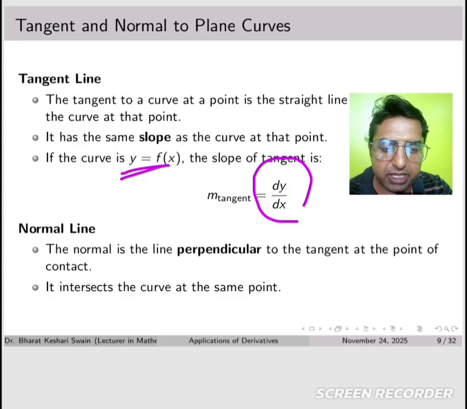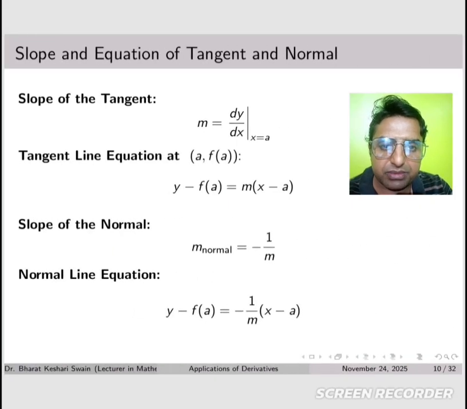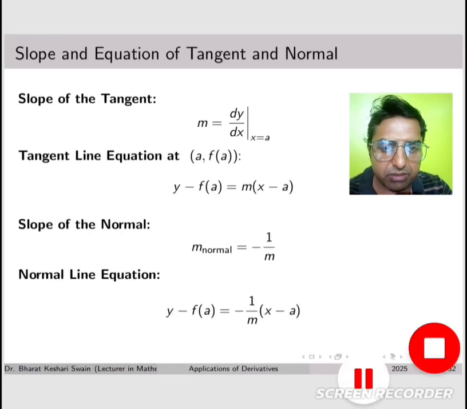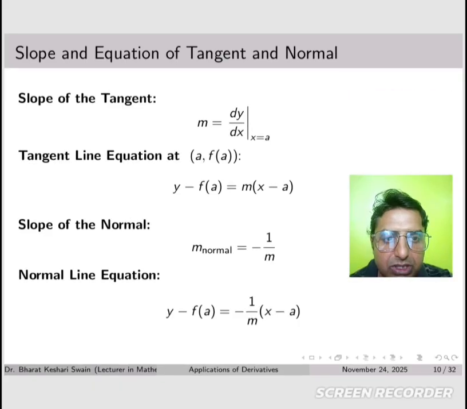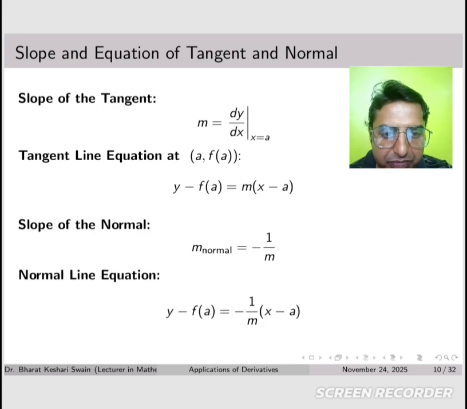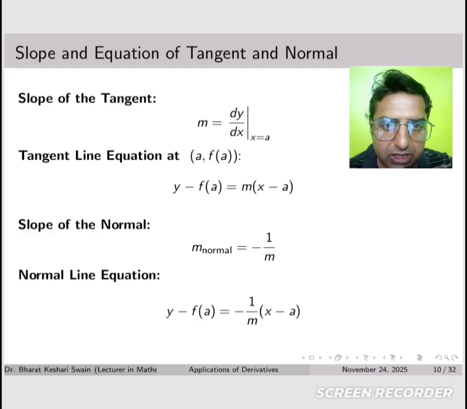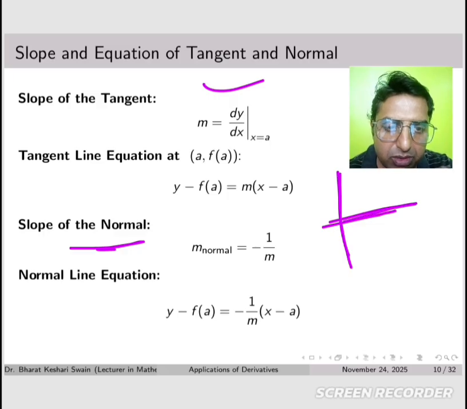So if the slope of the tangent is given by dy by dx at a point, that is, at x equal to a, then what will be the slope of the normal? Because the tangent and normal are perpendicular to each other.